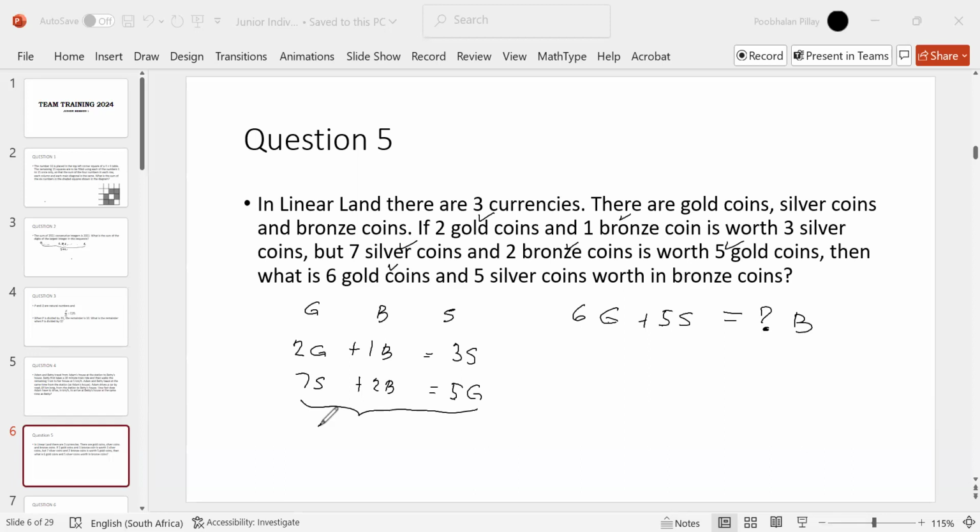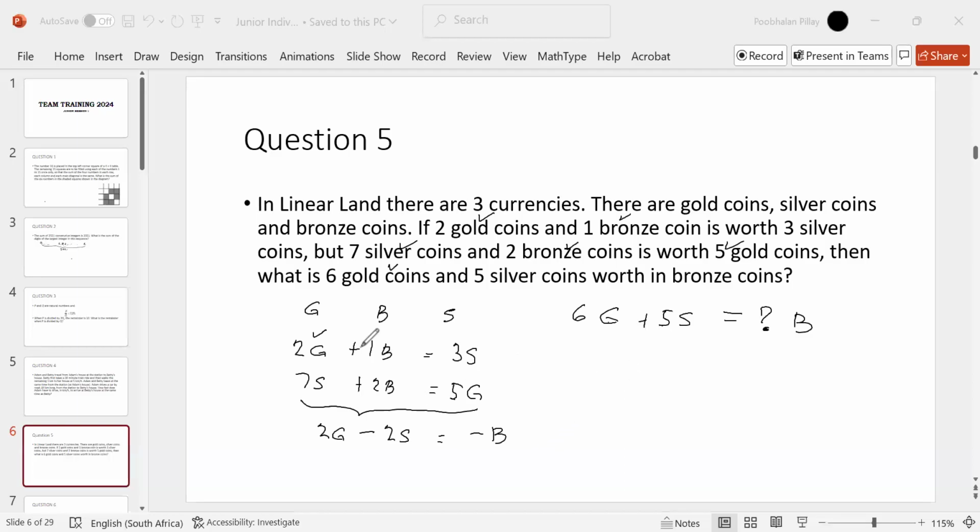So the first equation becomes 2G. Now bring the silvers to one side, crossing the equation, and then bring the bronze to the other side. I want to get the gold and the silver in terms of bronze.